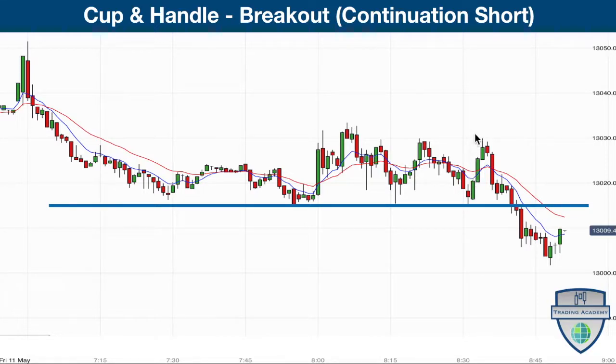And so the banks, the institutions, the big money knows that if they can force price back down, there are lots of orders to sell their buy positions at this area here. So it almost becomes inevitable that when prices go below these lows, you're going to get some sort of breakout and a reasonable trade out of it.